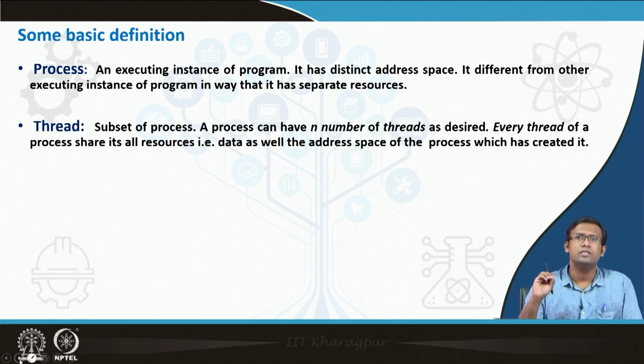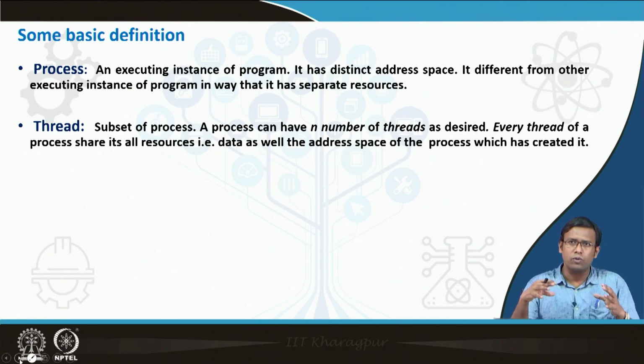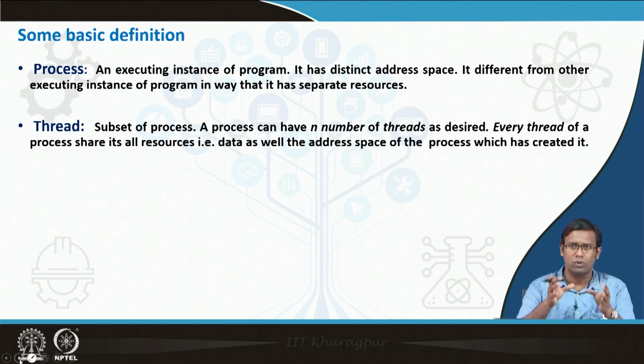A thread is a different concept. We have looked into threads, where multiple instructions are being operated on, however, they point to the same address space. So, the entire group of threads which is pointing to that address space is part of the process. So, we can say a thread is a subset of the process. A process has its own address space, it is an executing instance of the program which has its own address space.